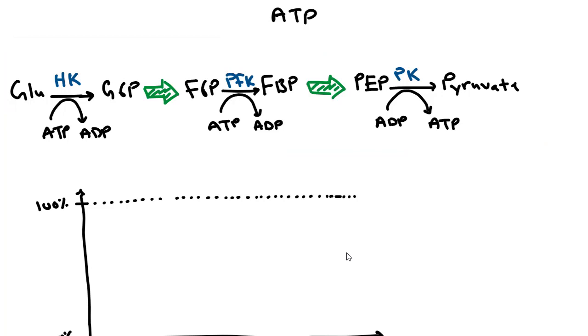All right. So we know that there is negative feedback loop on the first favorable reaction where glucose 6-phosphate inhibits hexokinase. And we also know that ATP will inhibit both PFK and pyruvate kinase, PK.